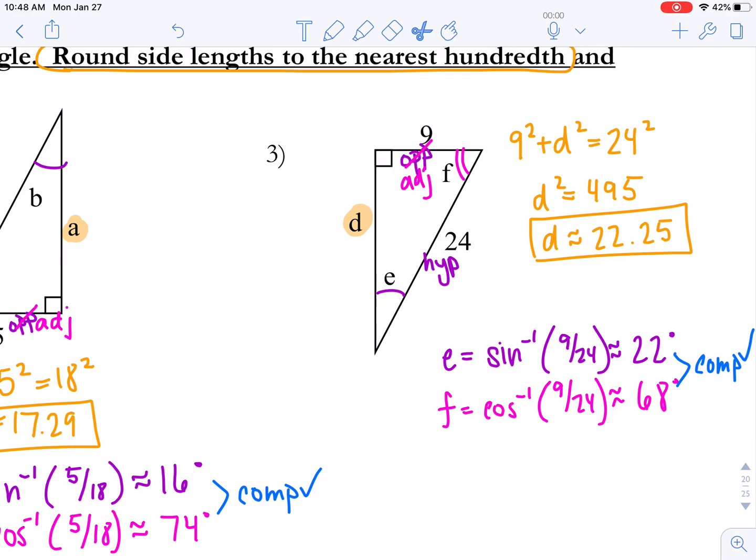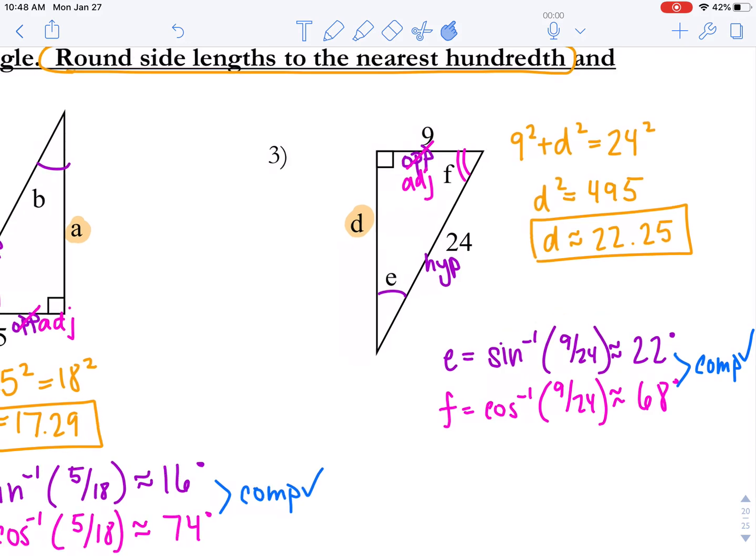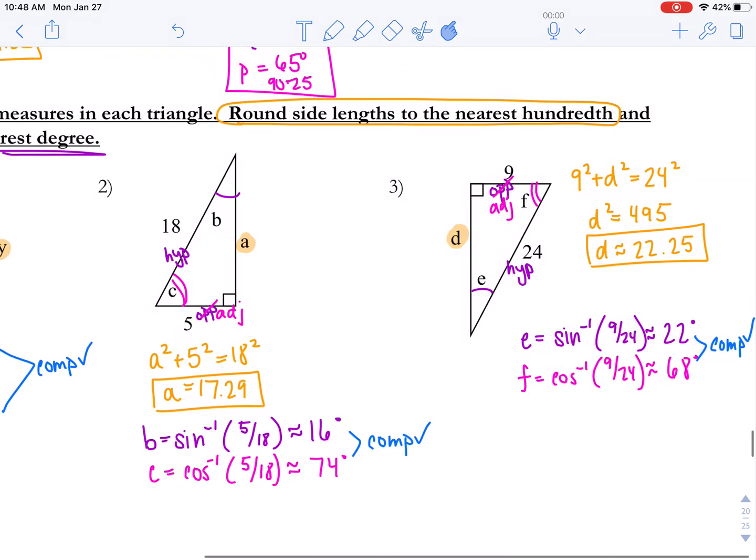Again, always make sure, once you're done, to check to make sure that those two acute angles are in fact complementary, that they add to 90.